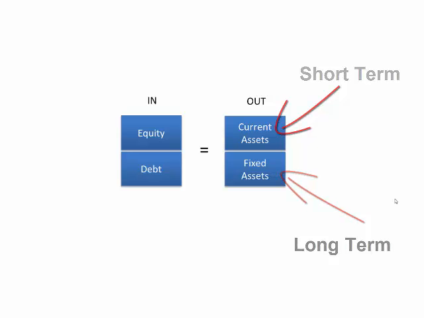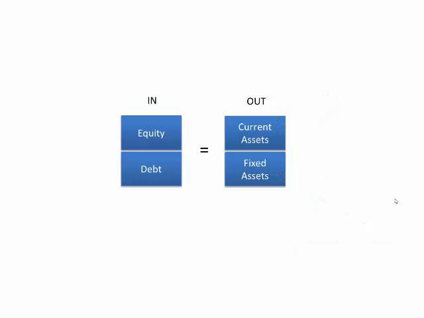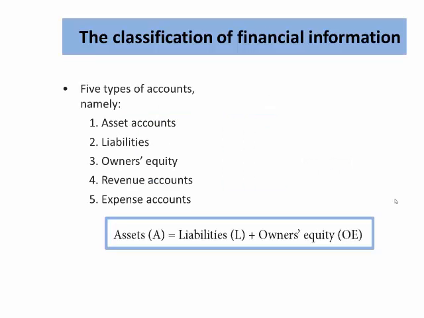Again, if you're using GAAP or IFRS, the terms might change slightly. So you would have a current asset, and instead of fixed assets, it's an asset that's not a current asset, and therefore it's called a non-current asset. So you can have current assets and non-current assets.